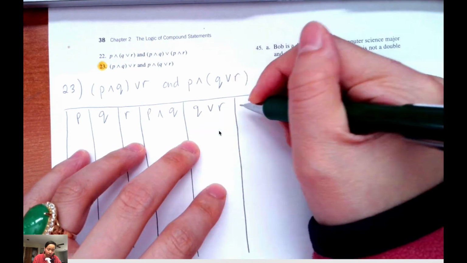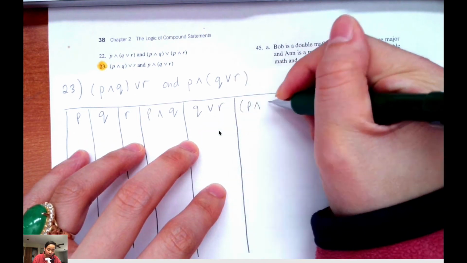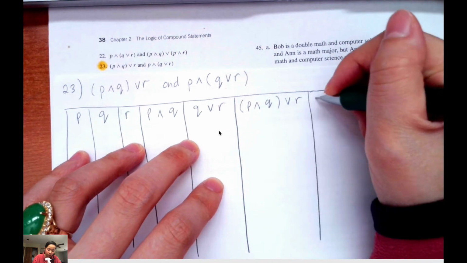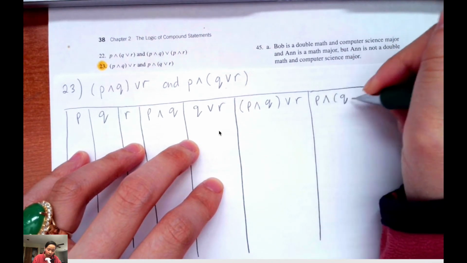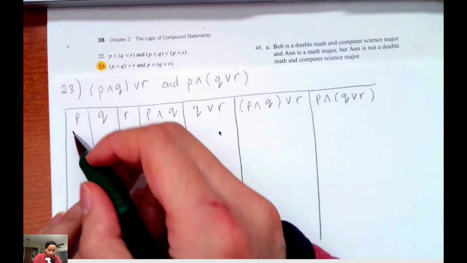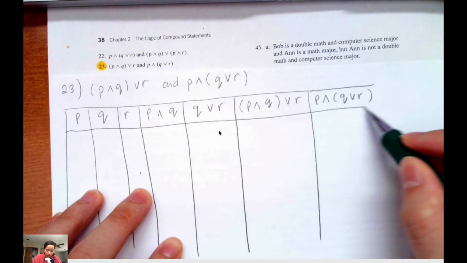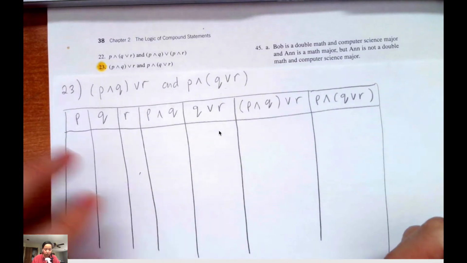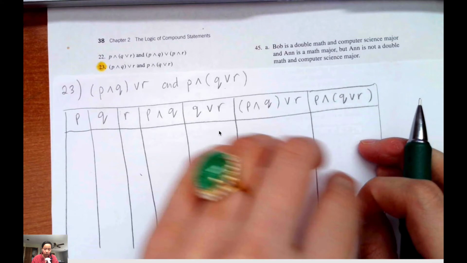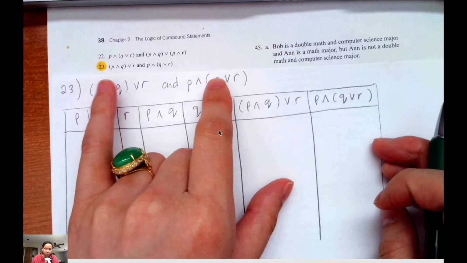So we're just going to write P and Q or R, and then P and Q or R. And again, as you can see, as we look from left to right, we get closer and closer to the statement forms that we want.